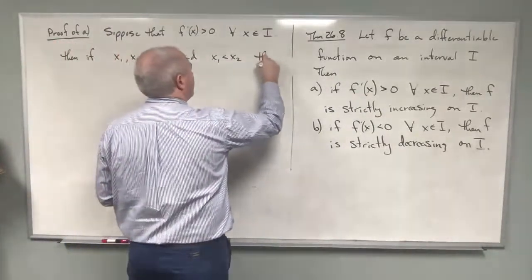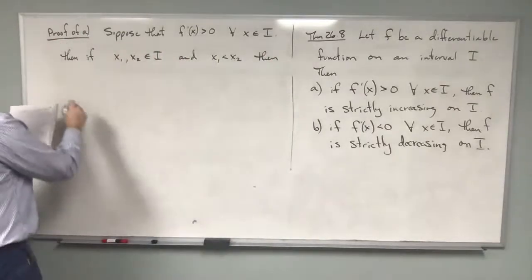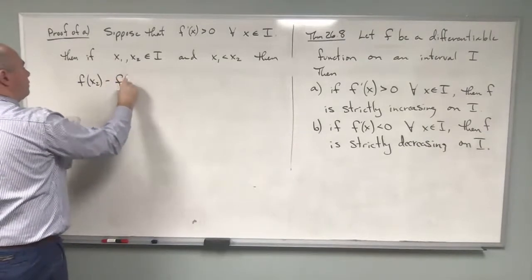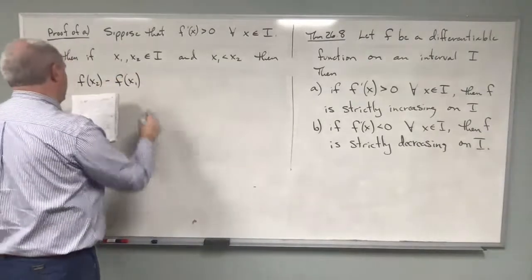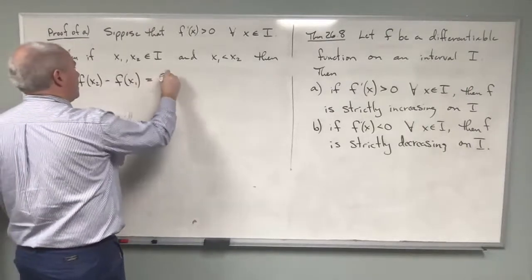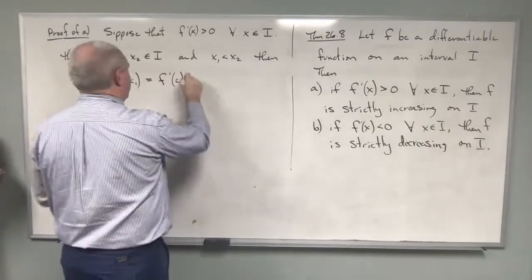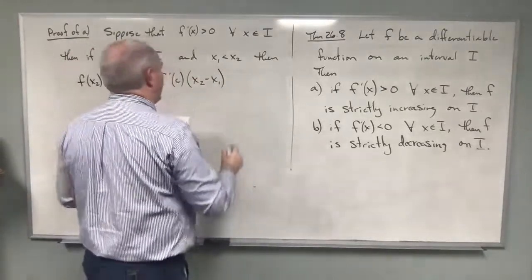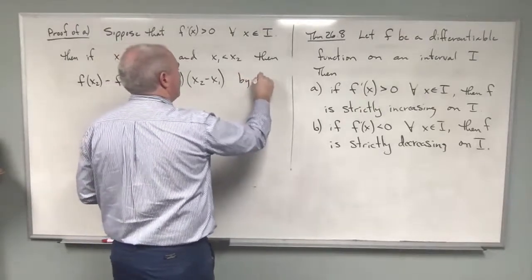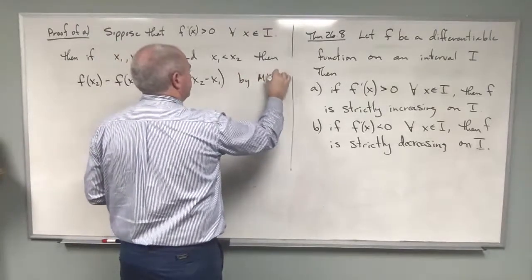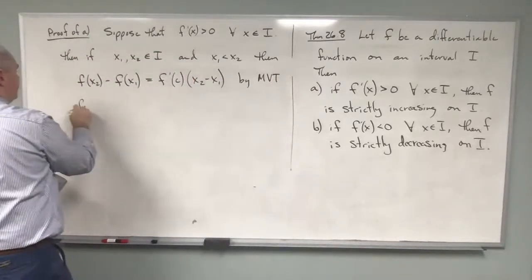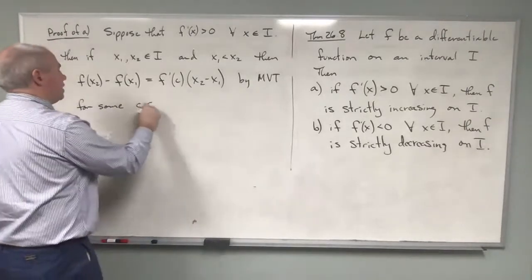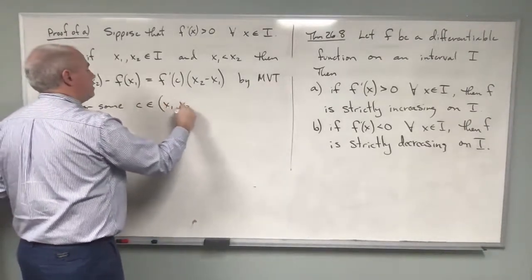Then f of x2 minus f of x1 is equal to f prime of c times x2 minus x1 by the mean value theorem for some value c that lives in x1 to x2.